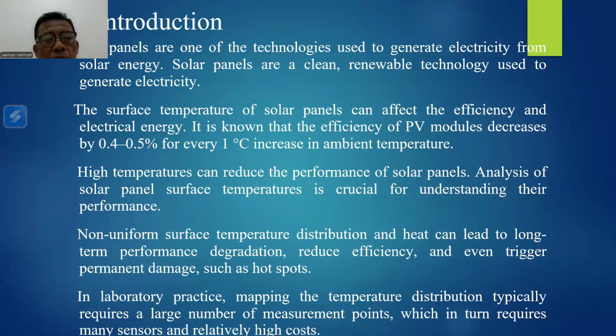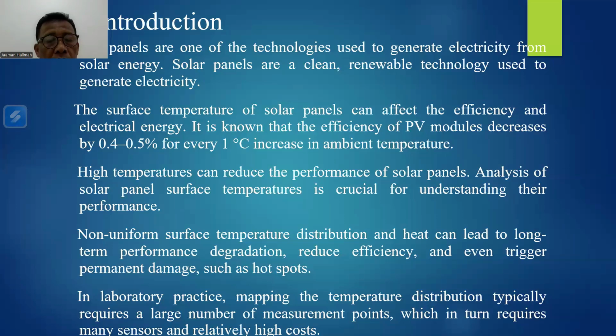Analysis of the solar panel surface temperature is crucial for understanding their performance. Non-uniform surface temperature distribution and heat can lead to long-term performance degradation, reduced efficiency, and often trigger permanent damage such as hot spots.